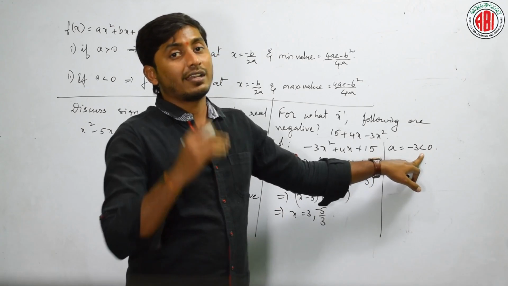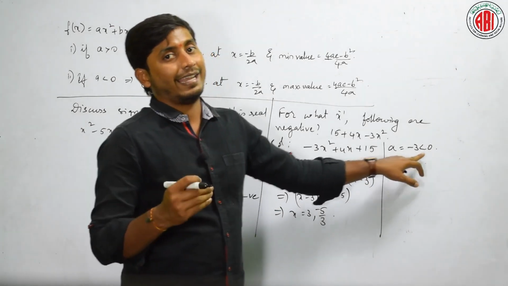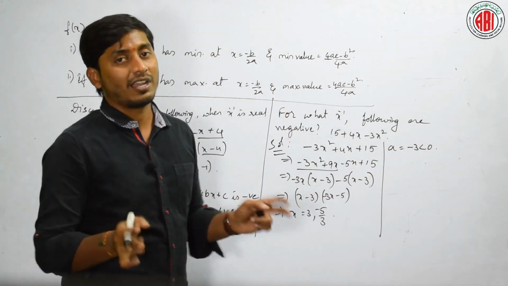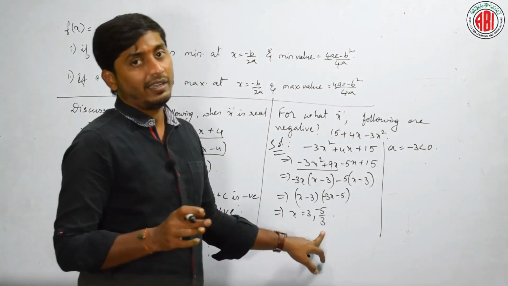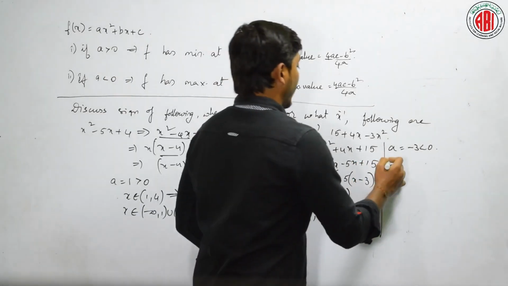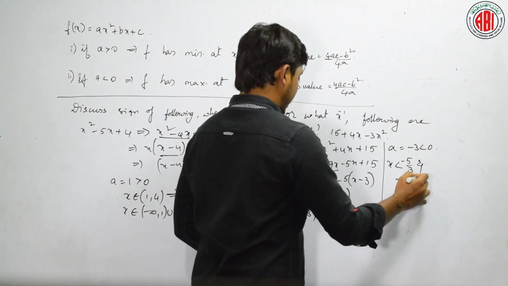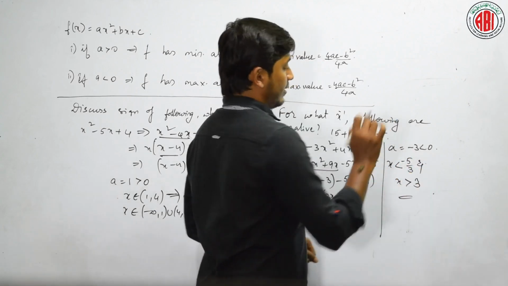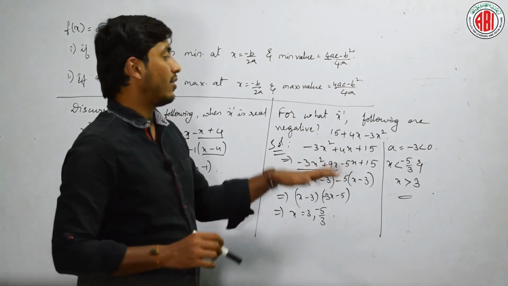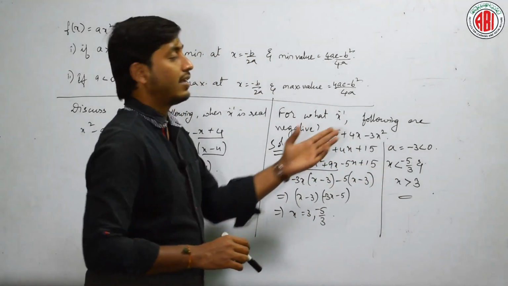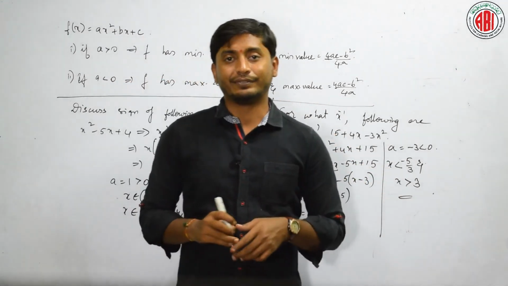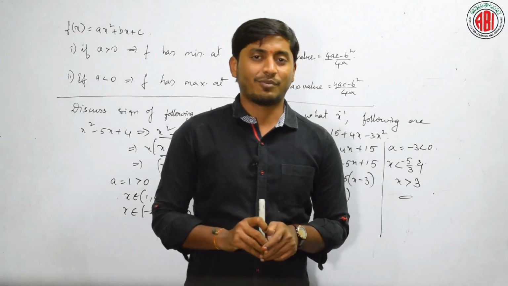In which condition? First or second case? Second case, that is x does not lie between alpha and beta. So, x is less than minus 5 by 3 and x is greater than 3. This is the solution set, for these values this equation is negative. Is it clear? Shall we move on to the next problem?